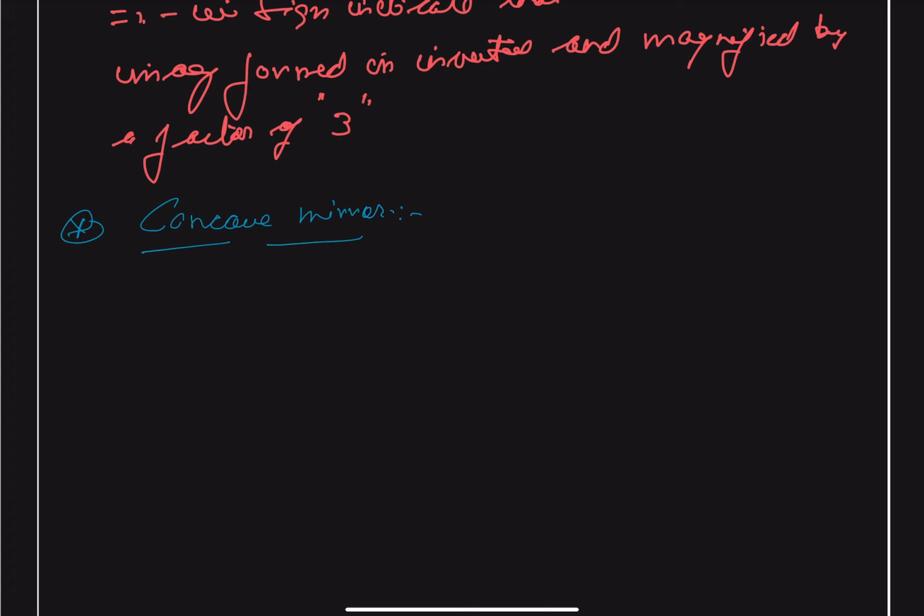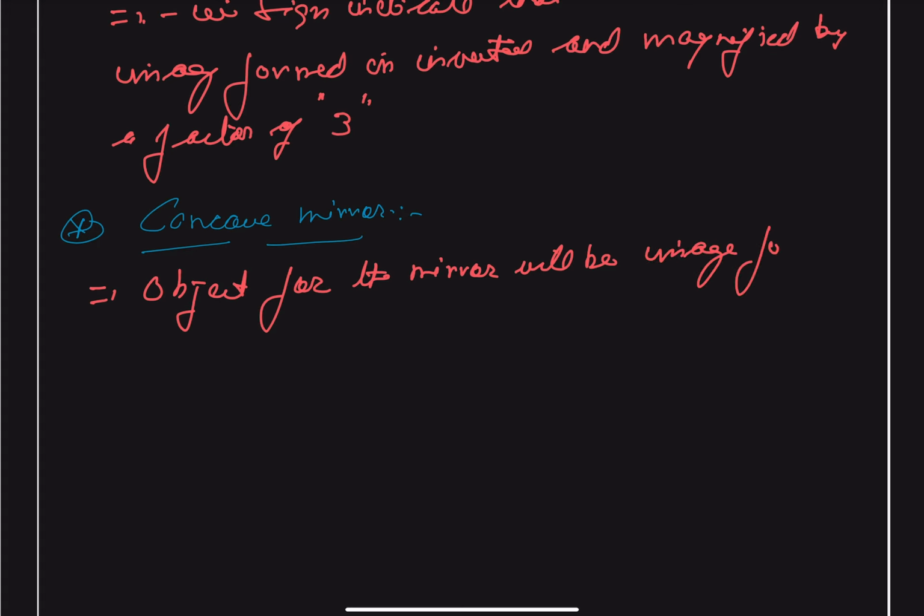Concave mirror, and so the object for the mirror will be the image formed by the lens. So you can say that the object for the mirror will be the image formed by the lens.